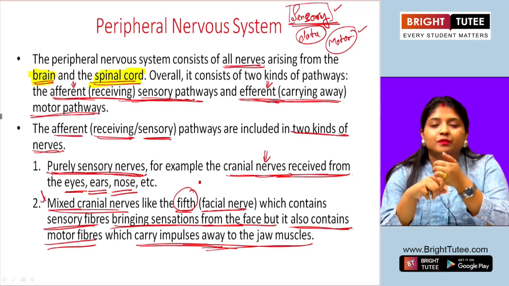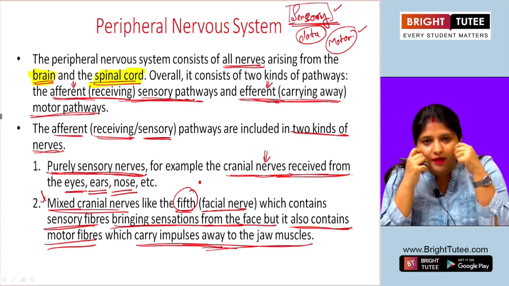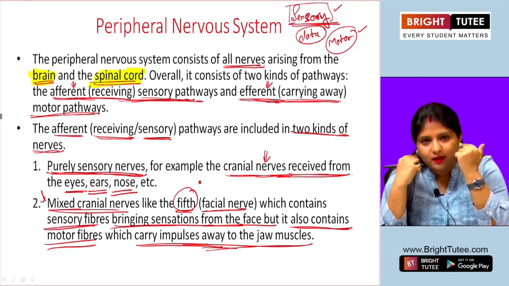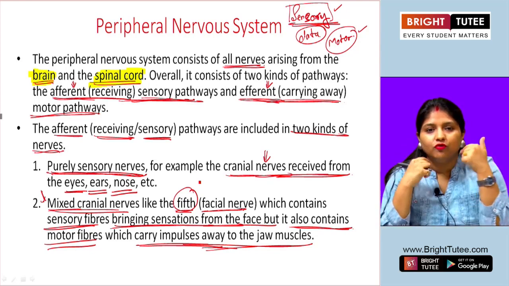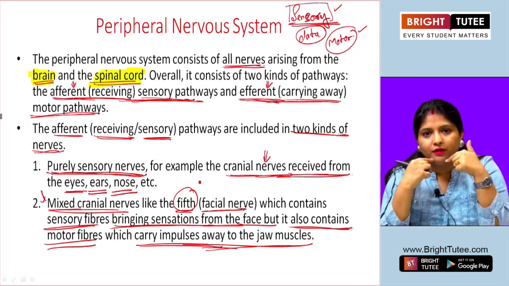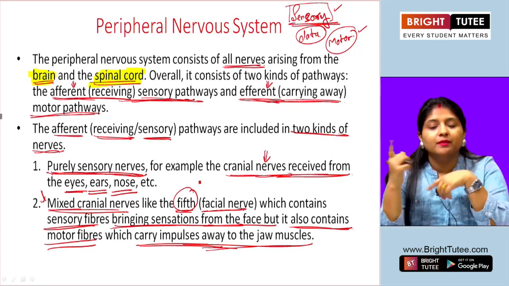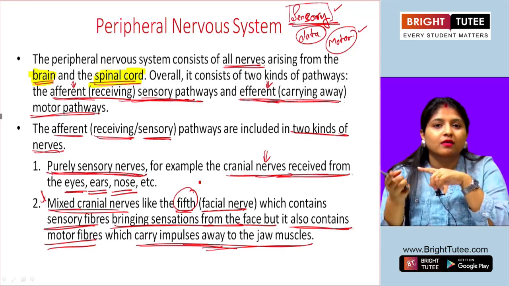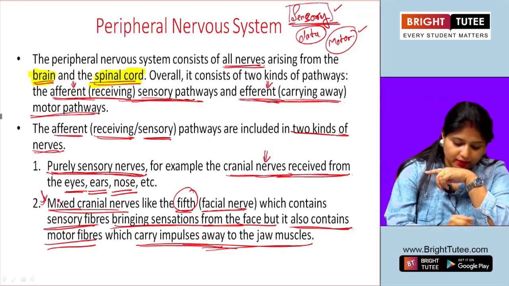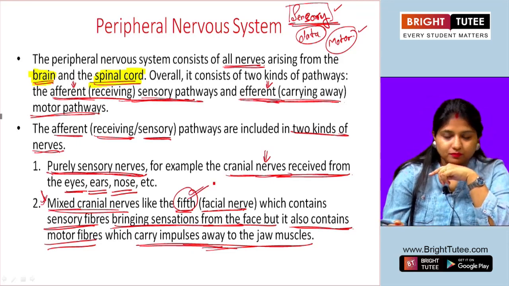One is bringing the information from the face, and other is taking the information towards the jawbone, right? So jawbone obviously is associated with the face only. So the information going towards the brain, coming back to the brain, is happening with the help of a single nerve, that is the mixed cranial nerve number 5, also called as the facial nerve.